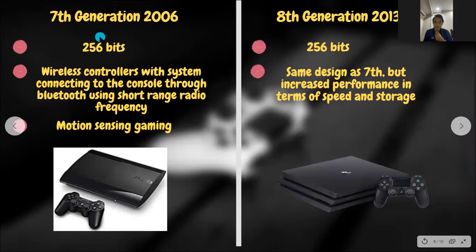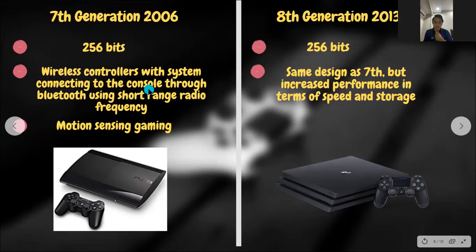Then the seventh generation, which was released in 2006, improved in terms of bits, which is 256 bits, which is the maximum bits. Then they have wireless controllers connected to the console through Bluetooth using short-range radio frequency. This is very vital as it gives convenience for the user, so the user doesn't need to sit near the gaming console.